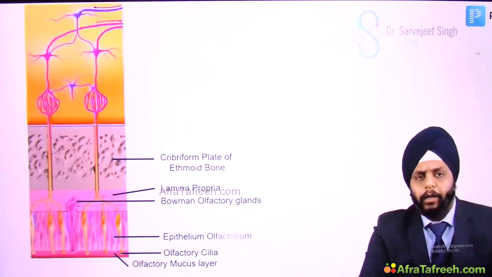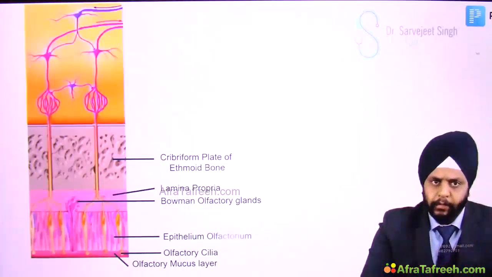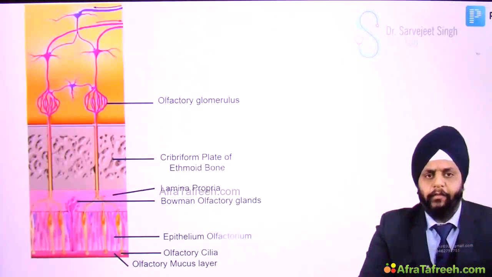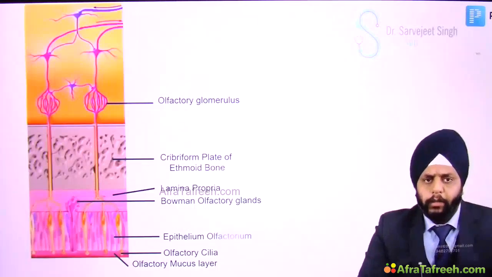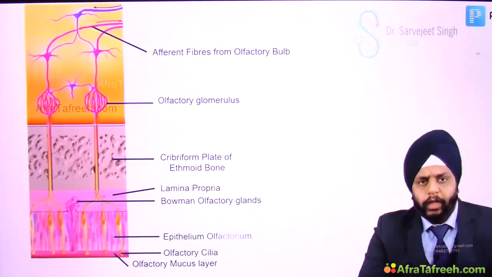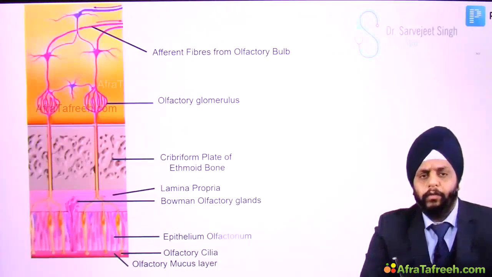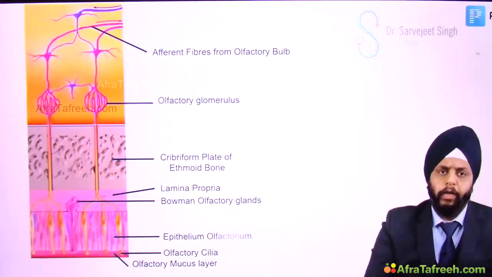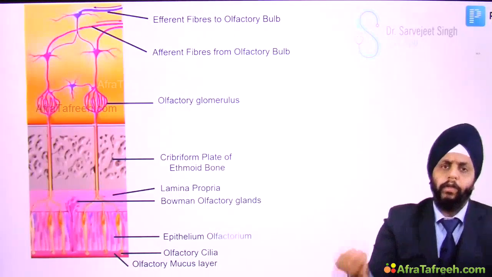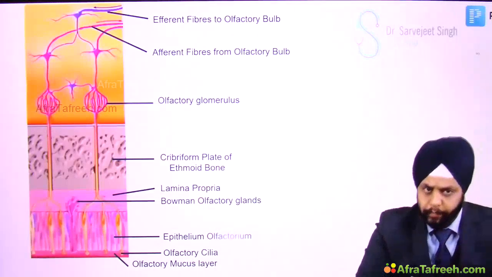In the olfactory bulb, they synapse and form a structure known as olfactory glomerulus. Now from this olfactory glomerulus, we can see the efferent fibers which come out and go to the brain, and we also have the efferent fibers which come to the olfactory bulb.